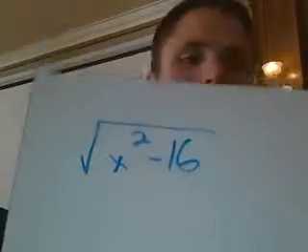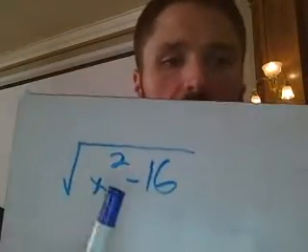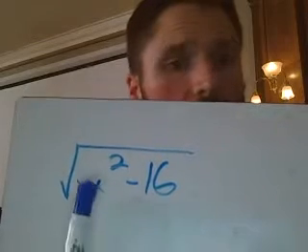And we'll actually look at that later on this year, I think. But just know, if we're working with real numbers, as the assignment says, real domains, we cannot square root a negative number. So if we look at the square root of x squared minus 16, what value of x would make this negative?